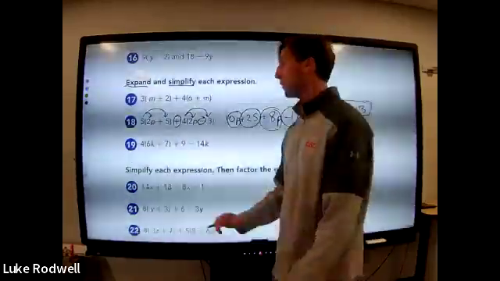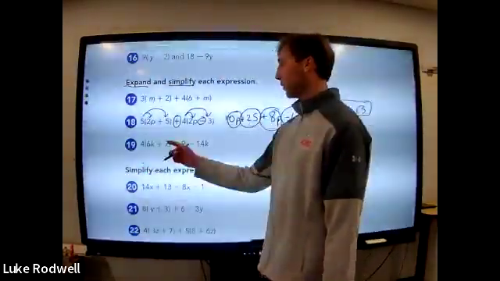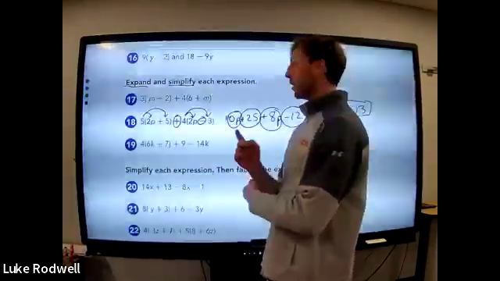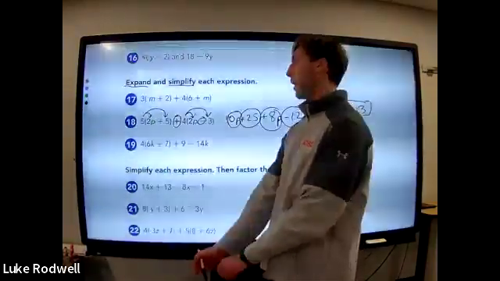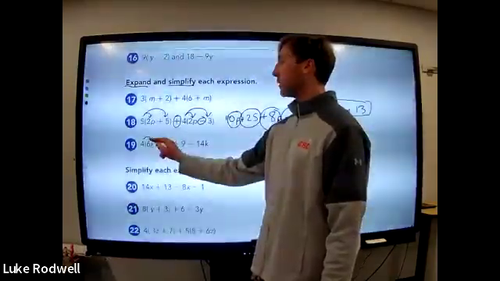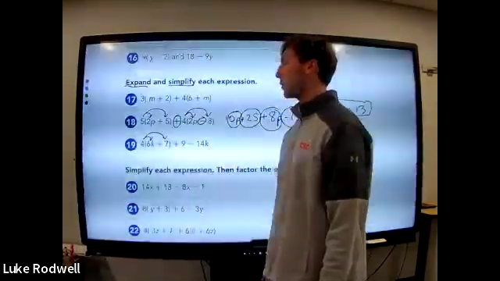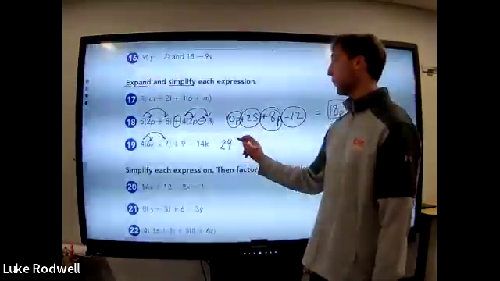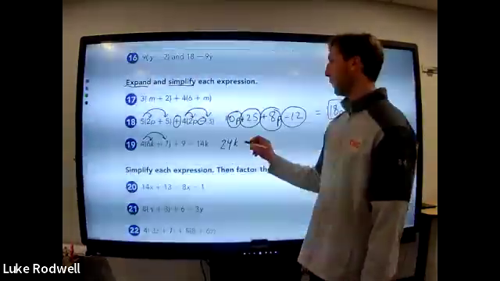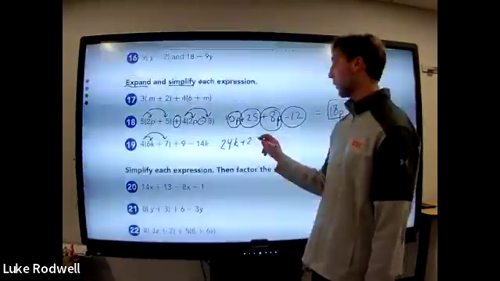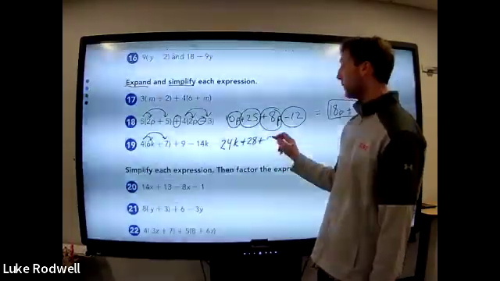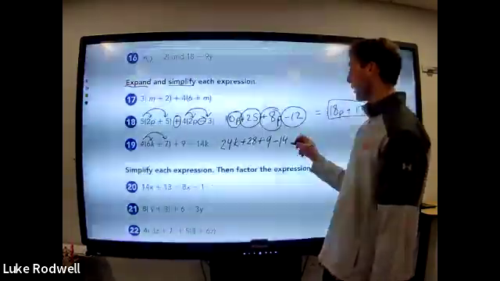And the last one I'm going to do for you guys, we're going to expand here. I only need to expand once because I've only got one set of parentheses that are multiplied by a term. 4 times 6k and 4 times 7. So 4 times 6k is going to be 24k. And 4 times 7 is 28. And then I've got plus 9 and then minus 14k.